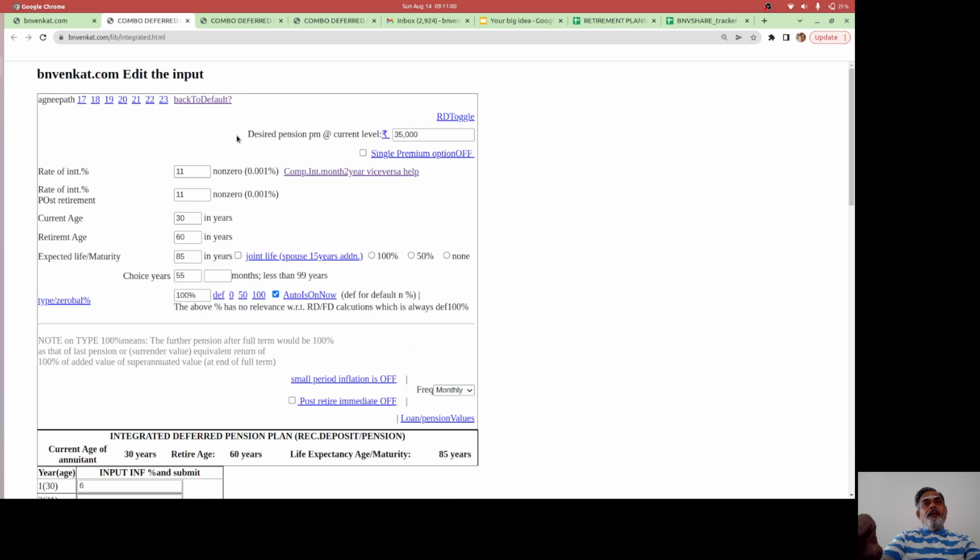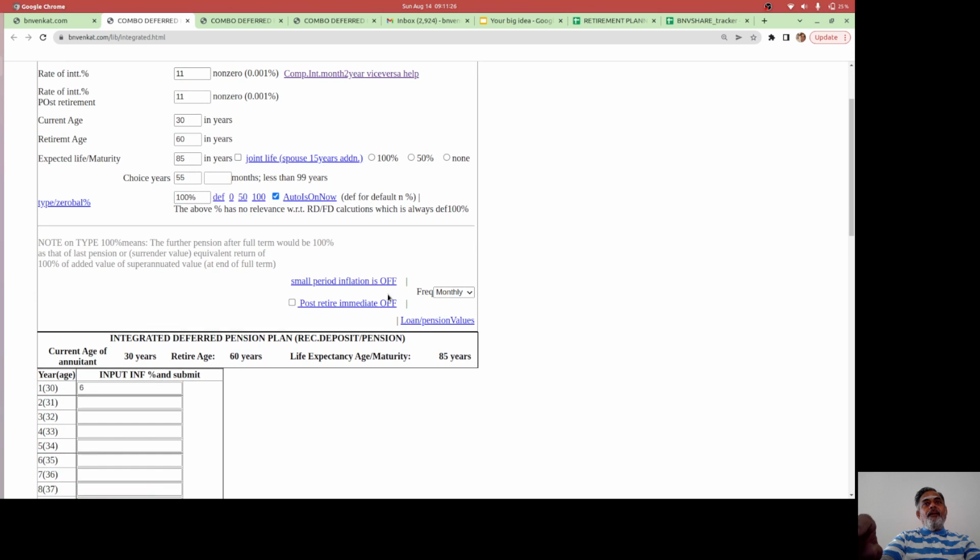Here, the desired pension level is 35,000 rupees per month at 11% interest rate, 30 years current age, 60 age retirement and 85 years as the expected life or maturity. This auto calculation is on.